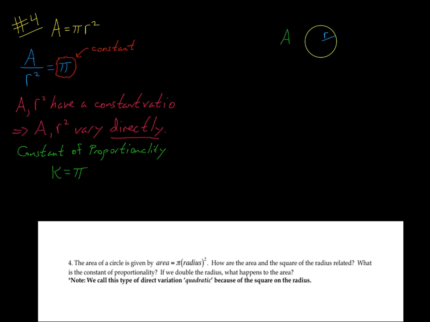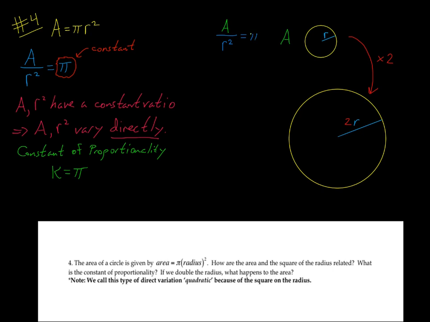Alright, great. And then finally, if we were to double the radius, what would happen to the area? Here is a picture of a circle, and its radius is r, the area there is A, and what I'm going to do is form a new circle by doubling the radius, and we want to figure out what is going to happen there to the area. So taking this relationship we derived, carrying that over, I'm going to say the ratio of the original area to the square of this original radius is going to come out to be pi.